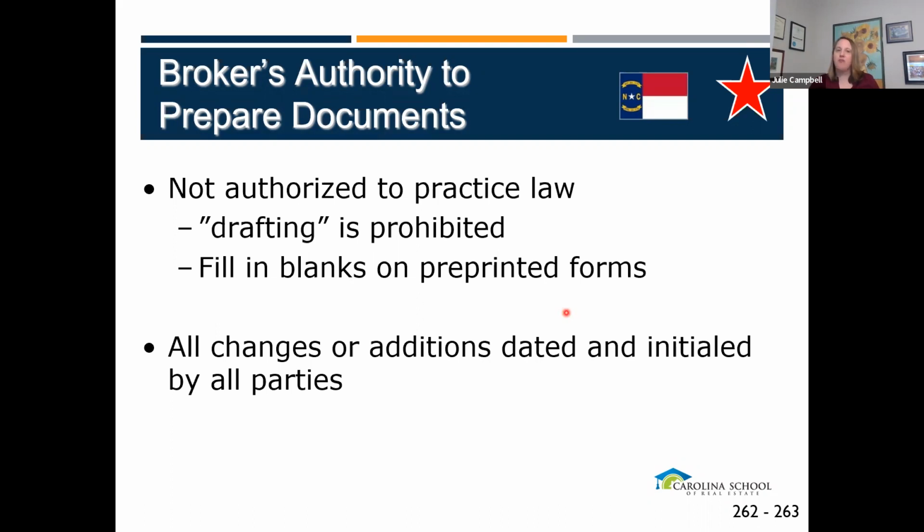We cannot draft, delete, or create verbiage in a contract on behalf of the parties to the contract. This is important. The broker cannot draft or add verbiage.